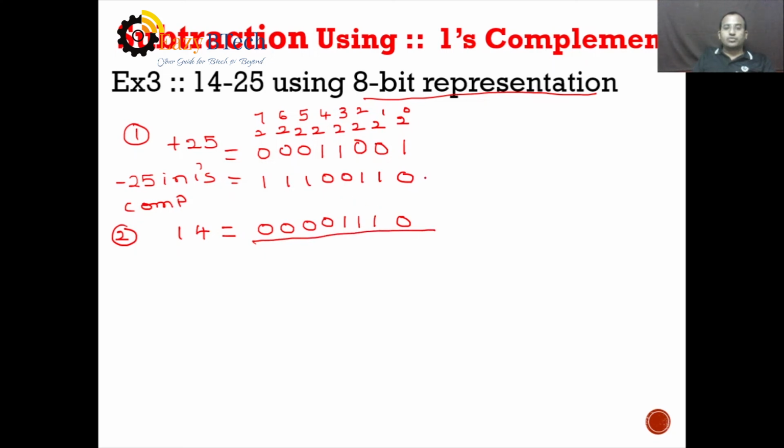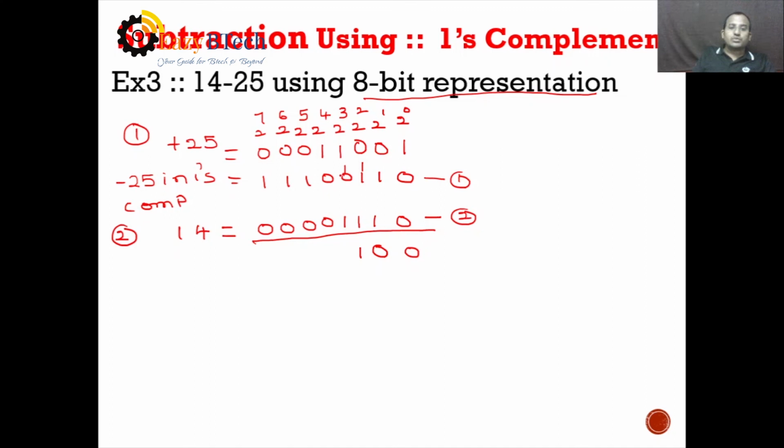Now add. So this is minus 25 in one's complement representation and this is 14 in 8-bit representation. Now add both the numbers. 0 plus 0 is 0, 1 plus 1. If we do 1 plus 1, we get sum 0, carry 1. Here we have 3 ones, and whenever we have 3 ones, we get sum 1 and carry 1.